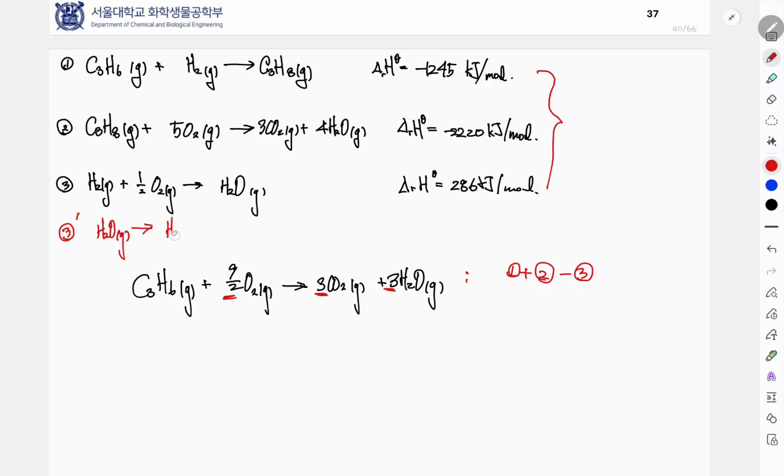As we studied, the sign of the enthalpy change will be changed as well.